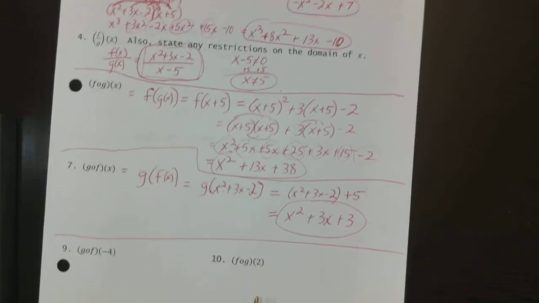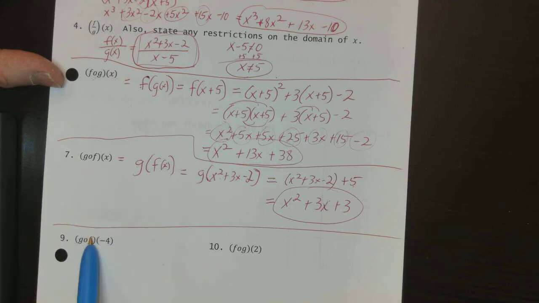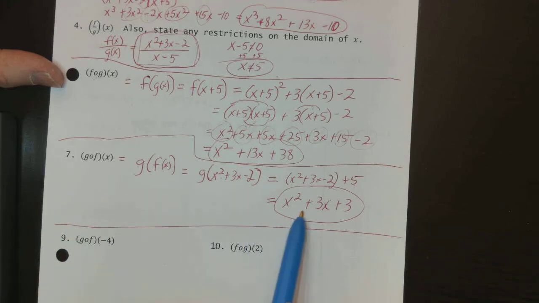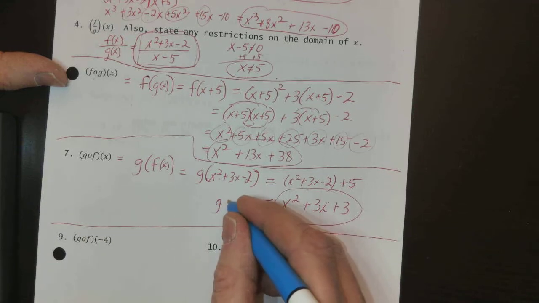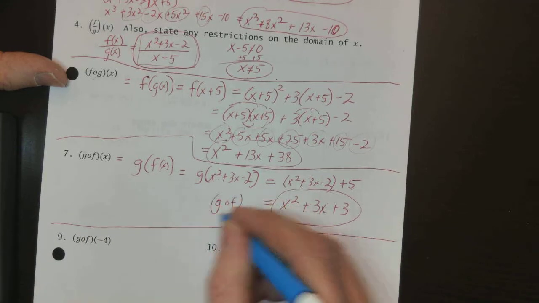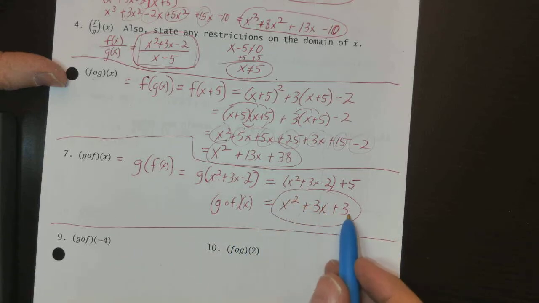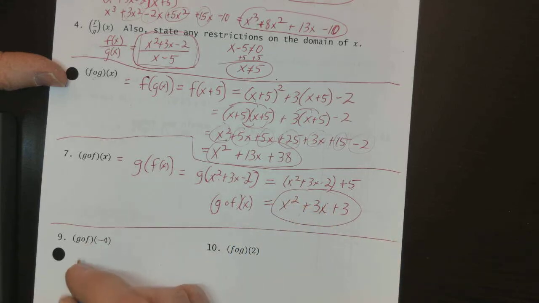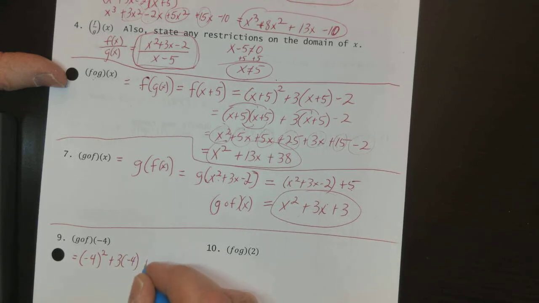Now number 9, really all we need to do is look at that function. g of f of x is equal to x squared plus 3x plus 3. g of f of negative 4 will equal negative 4 squared plus 3 times negative 4 plus 3.